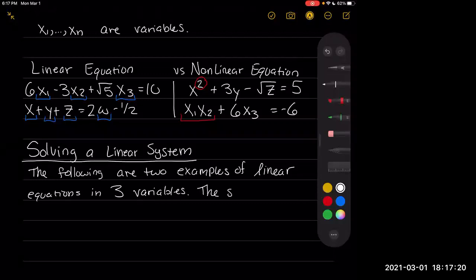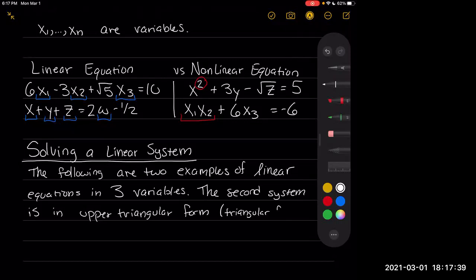The second system is in upper triangular form, also called just triangular form. That's what we'll often simplify it to, because we're never going to use lower triangular form in this class, but it's technically upper triangular. And you'll see why.